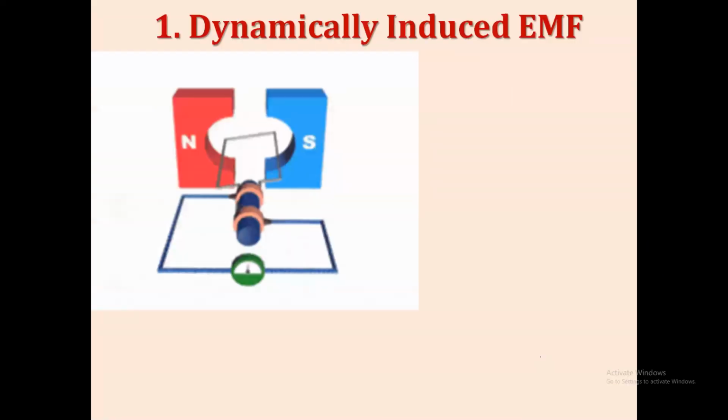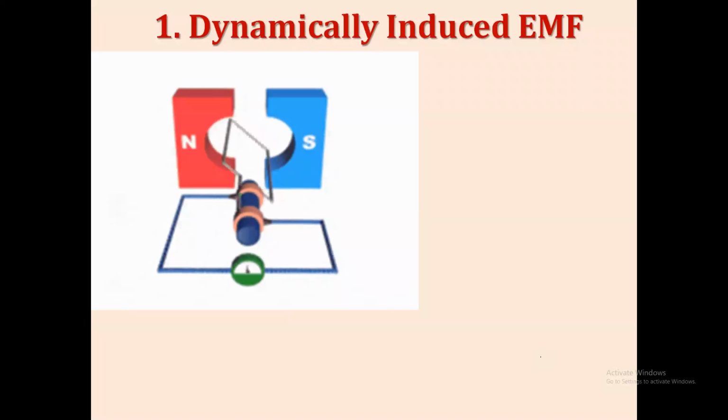Then we discuss the dynamically induced EMF. If you see this animation, you can easily observe that the poles of the magnet, N pole and S pole, are constant, not rotating. It means that due to the fixed poles, a fixed, constant, uniform magnetic field is produced.